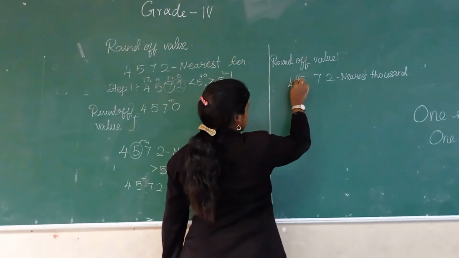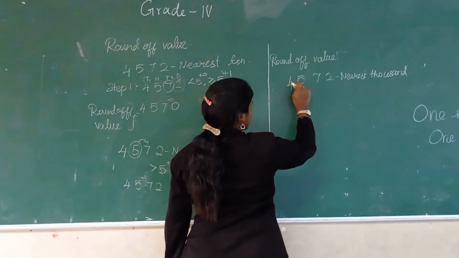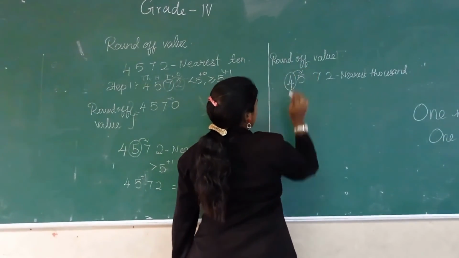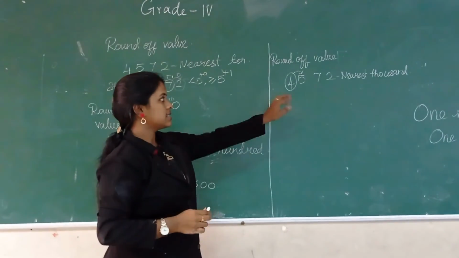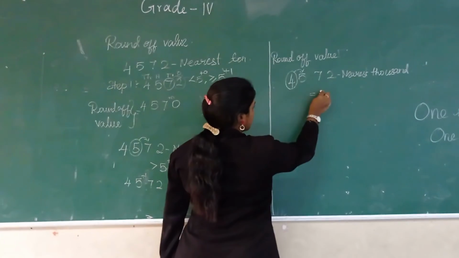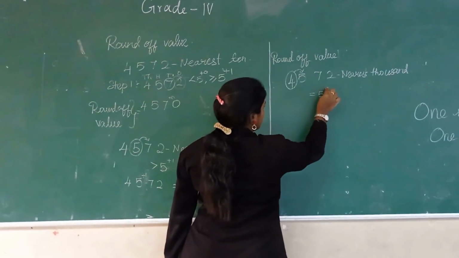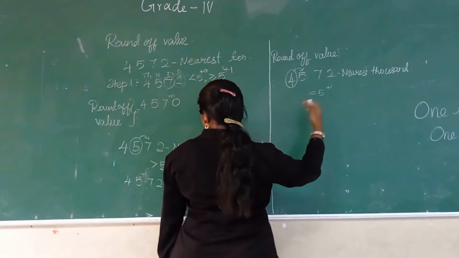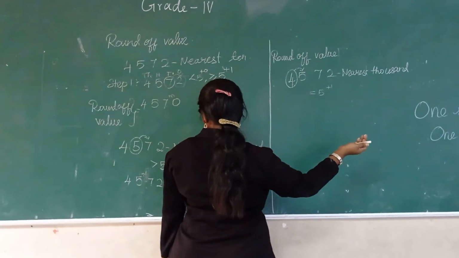Since it is the nearest 1000, I have circled the 1000 and I have to see the right side digit. The right side digit is the 100s place. Now the 100s place is equal to 5. So if it is equal to 5 also, I have to add 1 along with that. Then after that all other numbers should be 0.